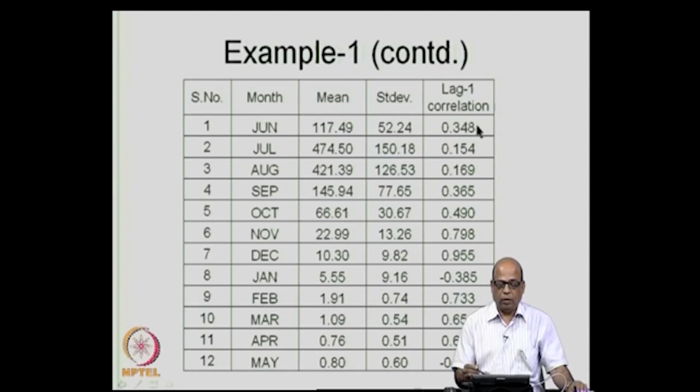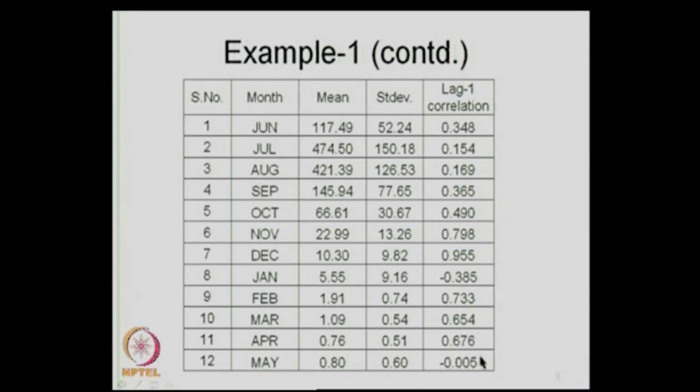I repeat again, the lag 1 correlation that we are writing here is with respect to the next month. That is, this indicates the lag 1 correlation between the flow of June and the flow of July. Similarly, this indicates the lag 1 correlation between the flow of May and the flow of June.